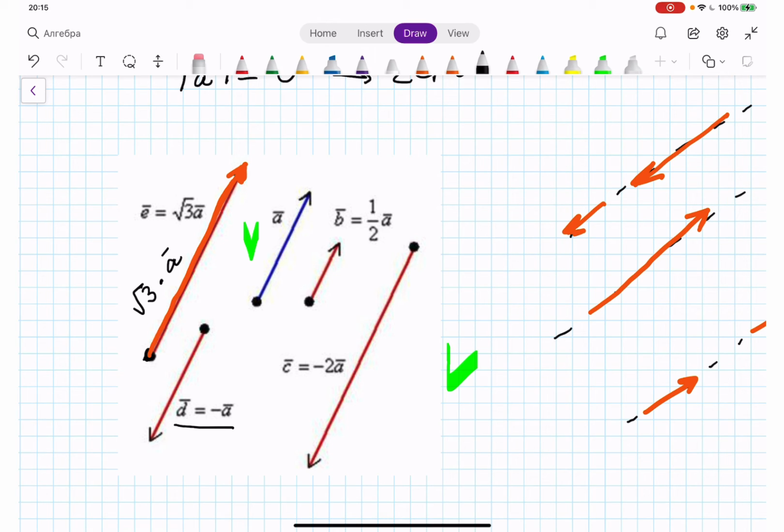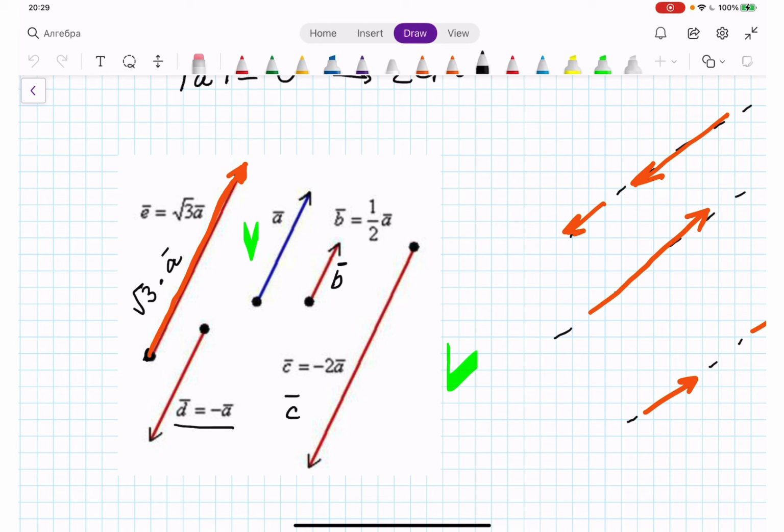This one, vector B, is a half of vector A, so it's twice as short in length. And here you have vector C, which is twice as long as vector A, but in the opposite direction. Therefore, we have a negative sign.